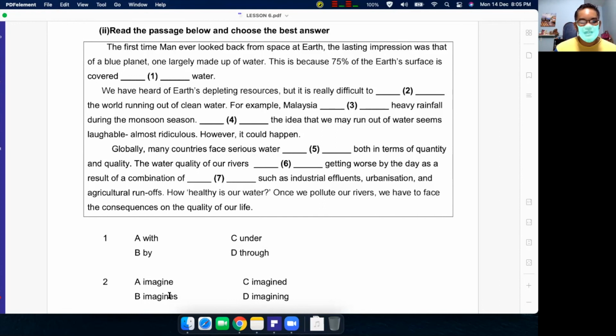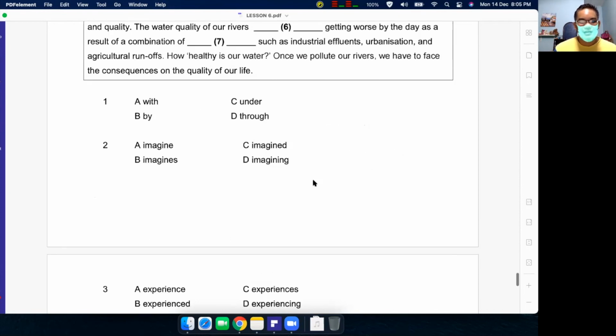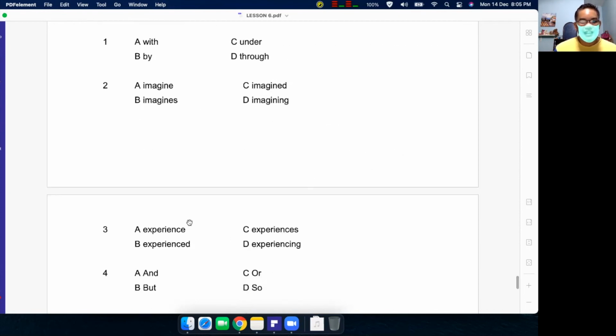Imagine, imagines, imagined, imagining. So take the base form. We have heard of Earth's depleting resources, but it's really difficult to imagine the world running out of clean water. For example, Malaysia: experiences, experiencing.